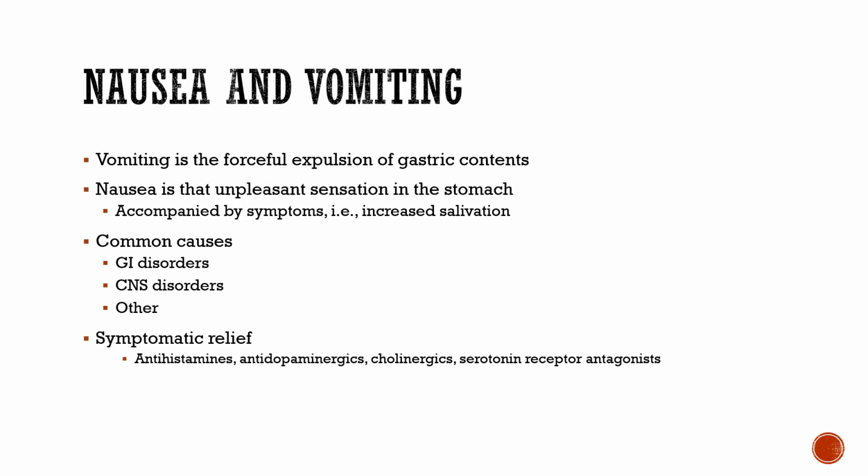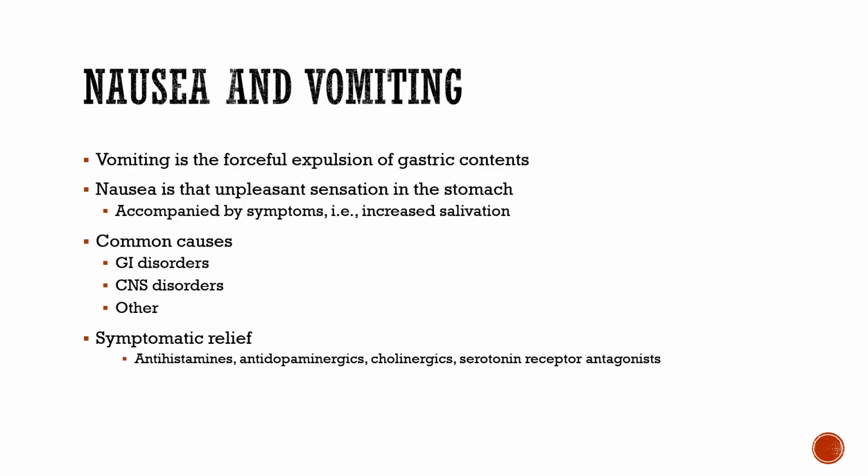Nausea and vomiting can be caused by many disorders. Vomiting is that forceful expulsion of gastric contents. Nausea is that unpleasant sensation in the stomach that is accompanied by symptoms such as increased salivation, sweating, decreased blood pressure.